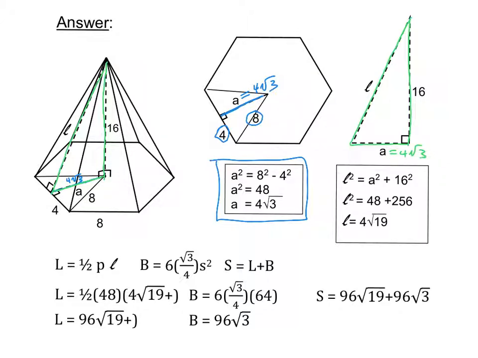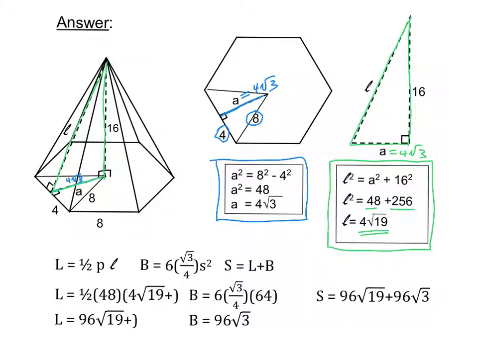The height is 16, so I can use Pythagorean theorem again to find out what the slant height is. When I square 4 radical 3, I get 16 times 3, which is 48. When I square 16, I get 256. So when I add those together and simplify the radical, I've got 4 radical 19.